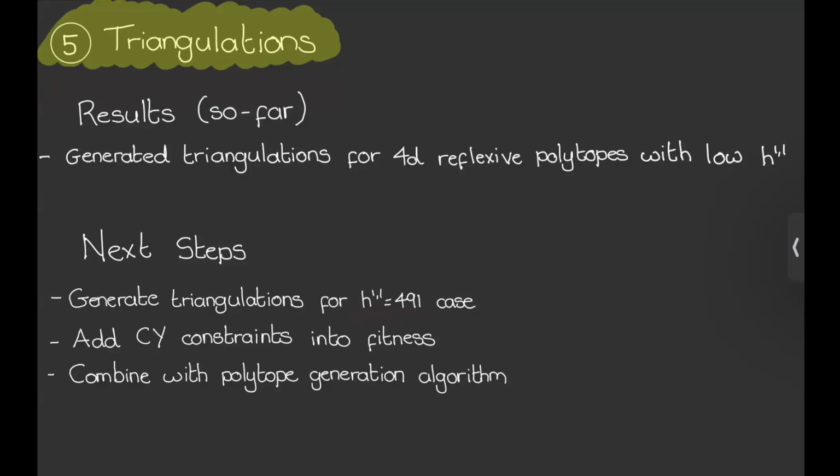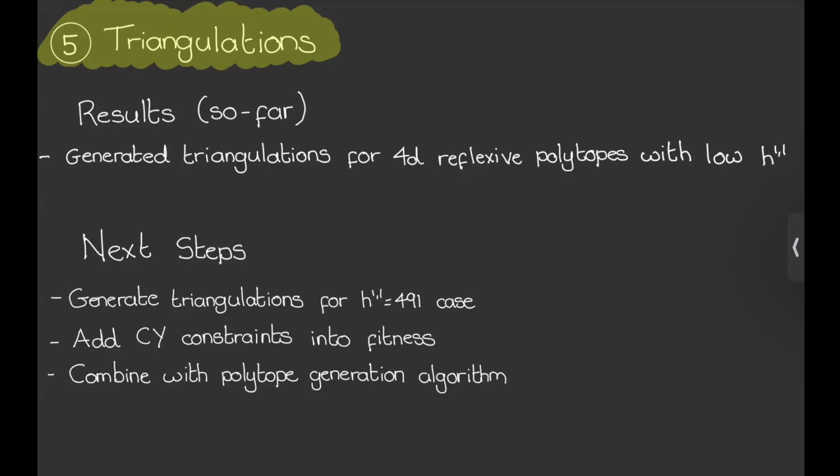We also want to do what we did in the polytope case, which is specify properties of the Calabi-Yau and see if we can add these as extra conditions into the fitness function. As I said, you can get Hodge numbers from just the polytope information. You don't need the triangulation information, but there are other invariants of the Calabi-Yau, like the triple intersection numbers, where you do need the triangulation.